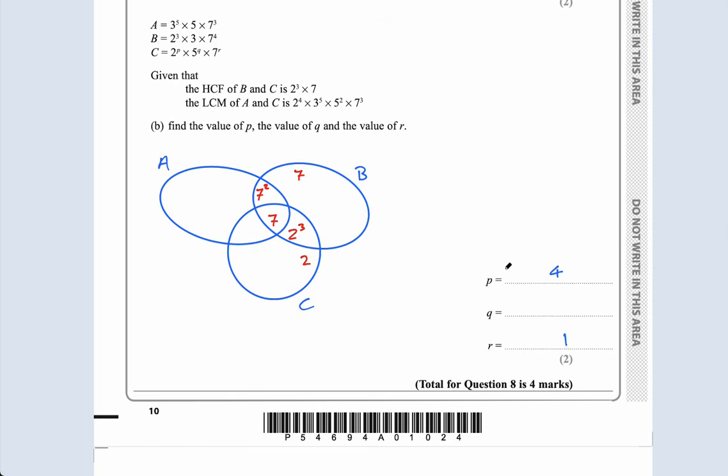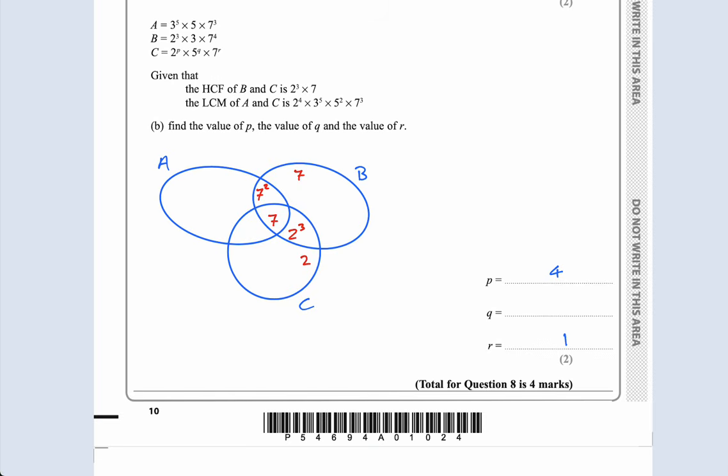Okay, nearly done. Q goes with the 5s. So let's have a look at the 5s. There is a 5 in A. There's no 5 in B. So there's only one 5 in A, and I know there's 5s in C because there's 2 here. So I'm going to put 1 5 here.